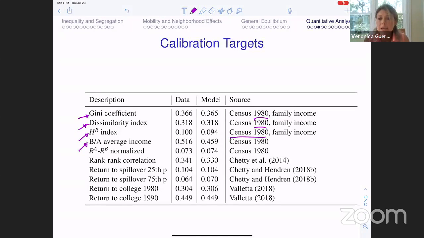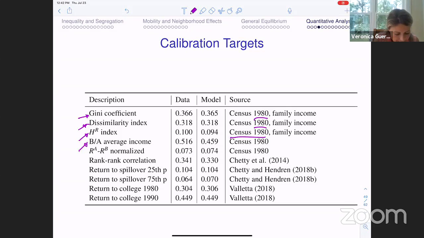How do we define neighborhood A and neighborhood B? So we rank the neighborhoods based on the income of the population in the census tracts, and then we cut off the richest X ones, so that we pick X so that the size of the neighborhood A is equal to the estimated H, which is the size of the neighborhood A in the model.